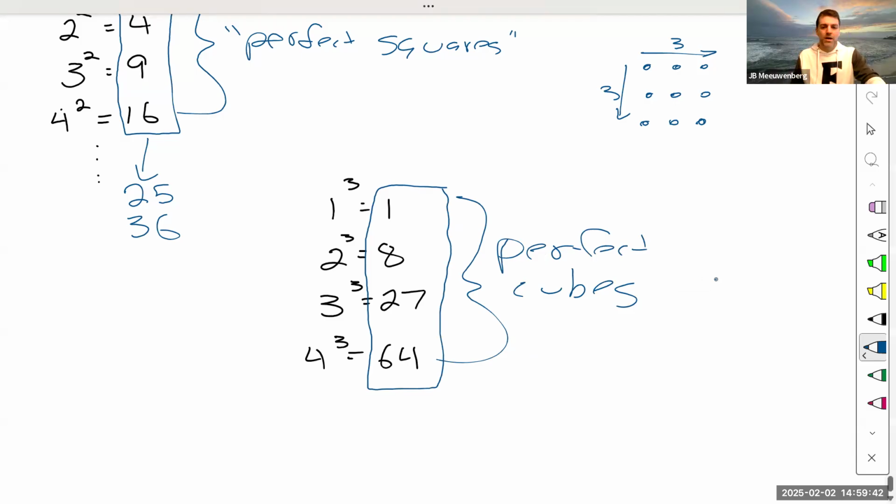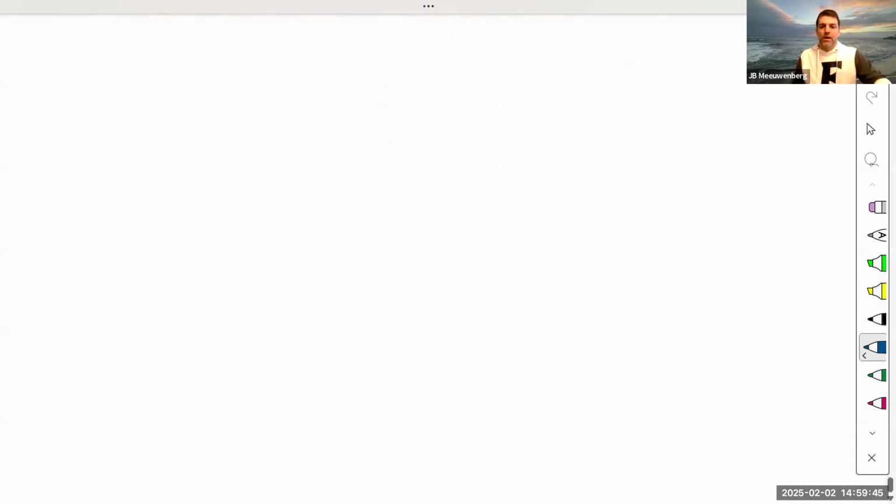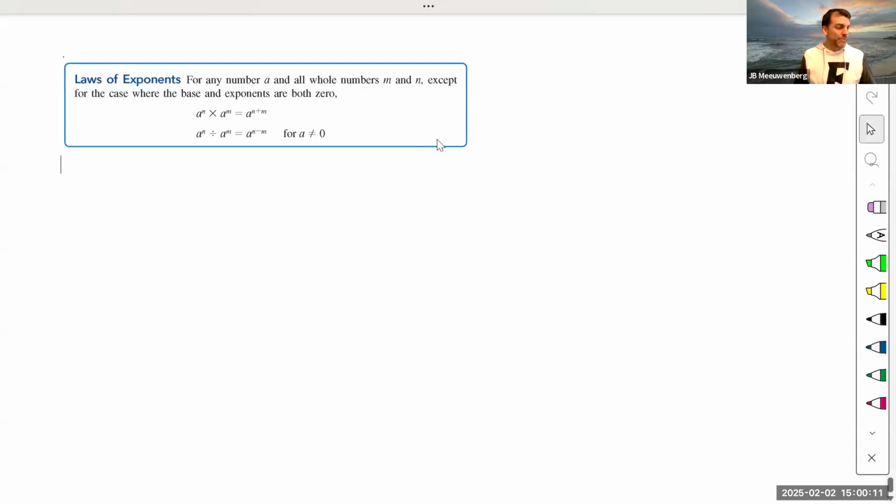Now, multiplication and division can be performed pretty easily with numbers that are written as powers of the same base. So if we are multiplying 2 powers that have the same base, or dividing 2 powers of the same base, that can be done fairly easily with what we call one of the laws of exponents. And I'm going to write this up here, and then we're going to make sense of it.